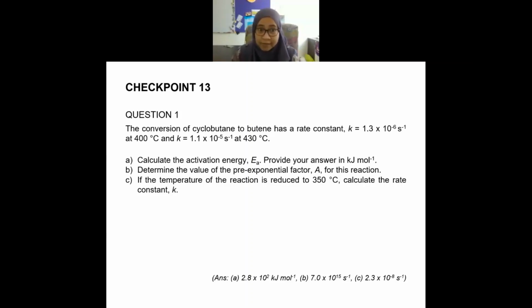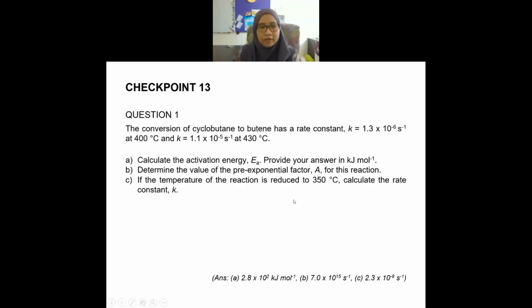So we have to go back to the original Arrhenius equation, either using the exponential or using the one after it has been ln. Kita dah ln kan, dia dah modify by adding ln. So you need to use that one.